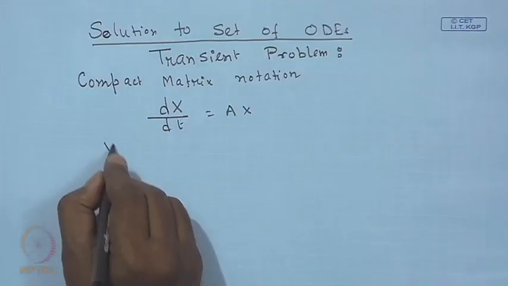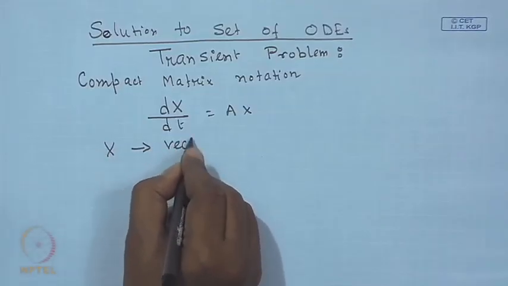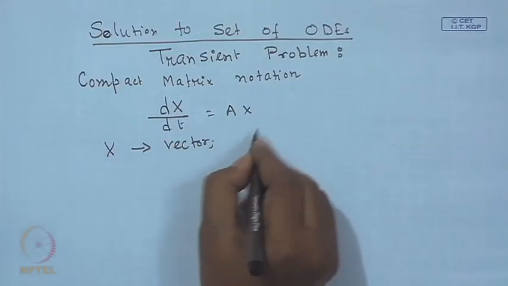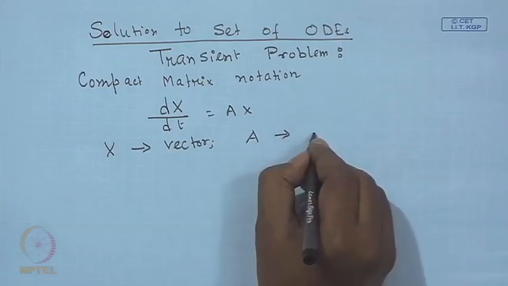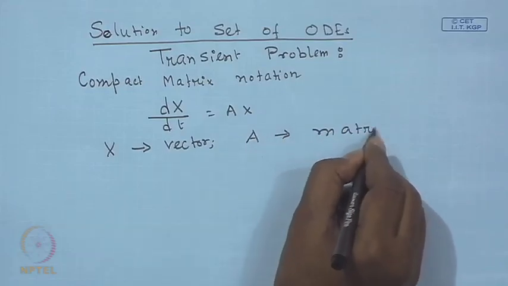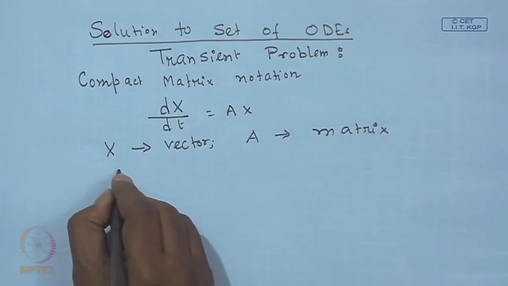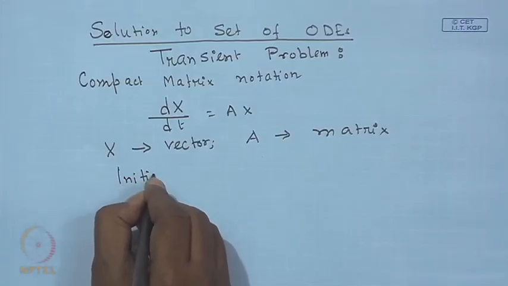In this case, x is a vector and A is a matrix, and the initial conditions are given.